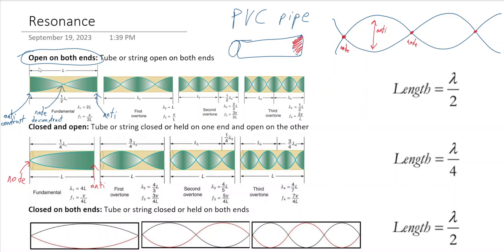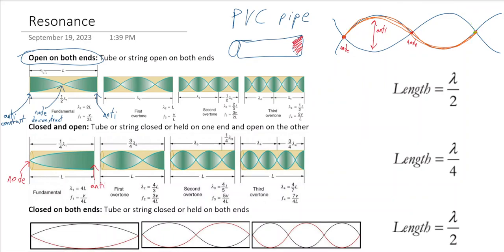Hopefully if you follow along, one true wavelength is from a node, skipping a node, to get to another node. That is one full wavelength. If you imagine drawing one part of the wave, it goes up, down, and back up again, that is one wavelength.